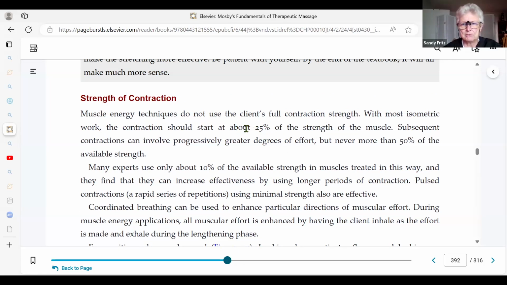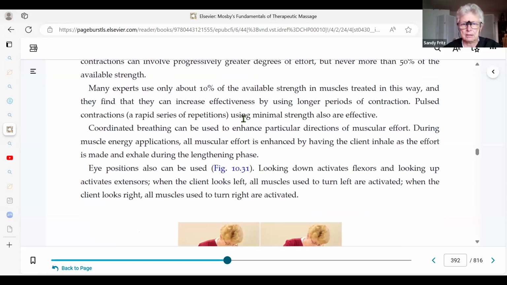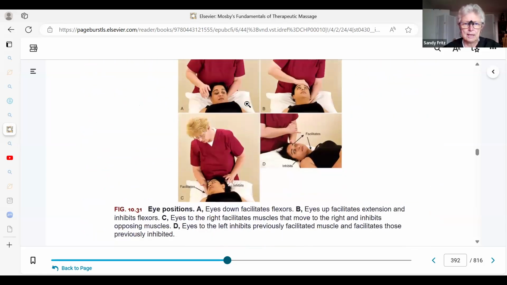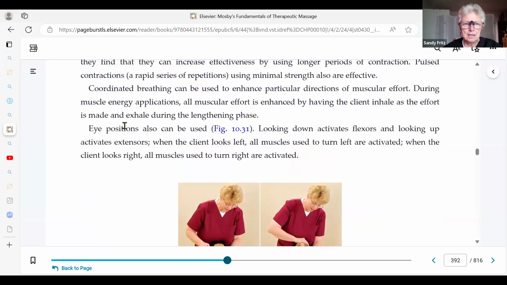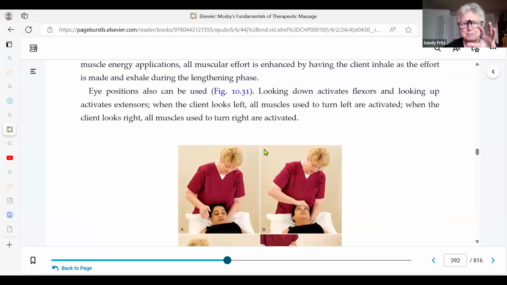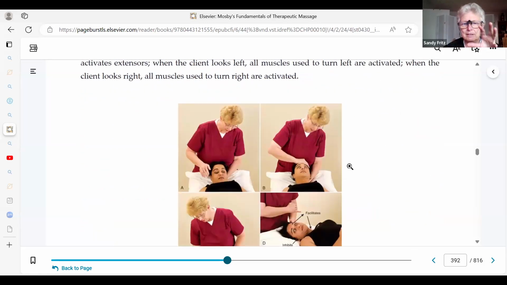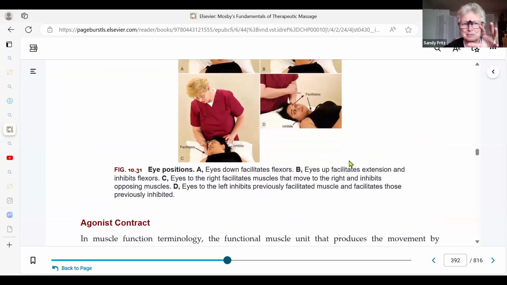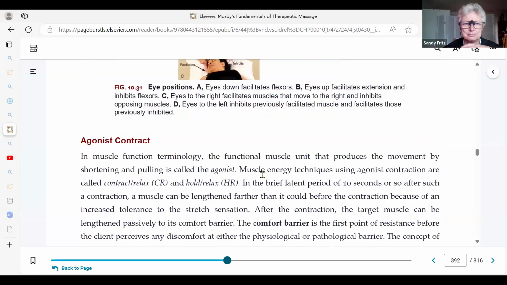It's much, much less than that, more like 10 to 25% of their strength. And it's fun because of the various eye reflexes, especially if you can't get a person to push or pull with a reasonable force, you can still initiate the neural responses by having the person move their eyes in certain ways, and that's explained here.